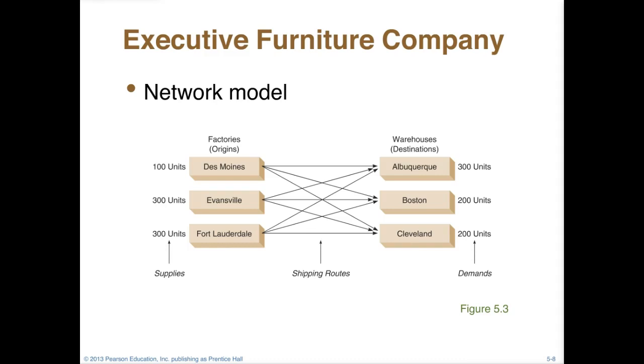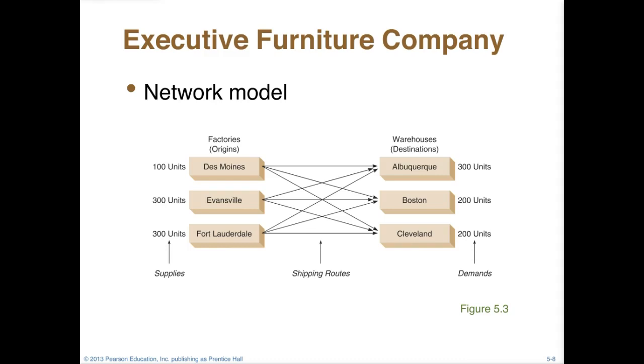And so if you look at the shipping routes, you'll see that for Des Moines, Evansville, and Fort Lauderdale, every factory has a way to ship to every destination. And so in graph theory, what we call this is a complete graph, where every node, as we want to call it here, is connected to every other node.